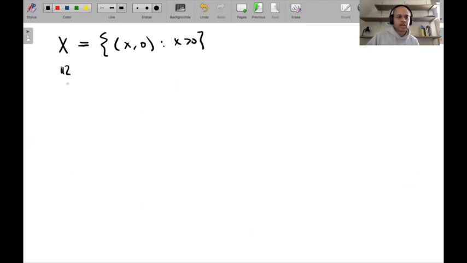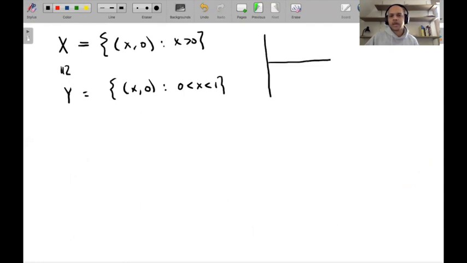And let's take Y to be the set of points on the real axis with x coordinate between 0 and 1. So here's X, which is not bounded.